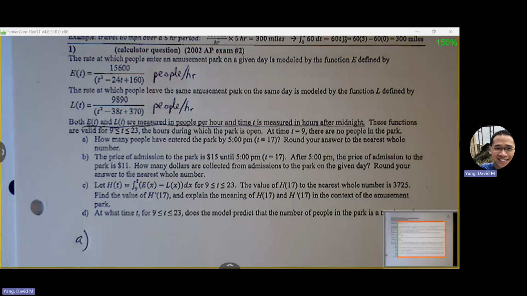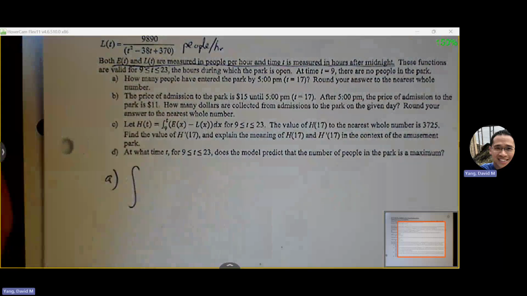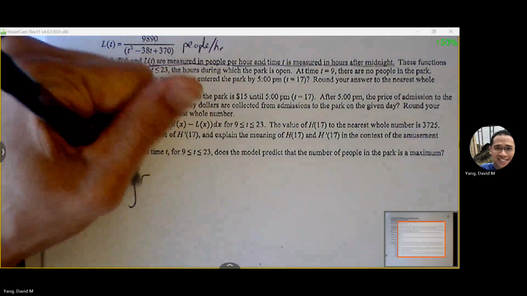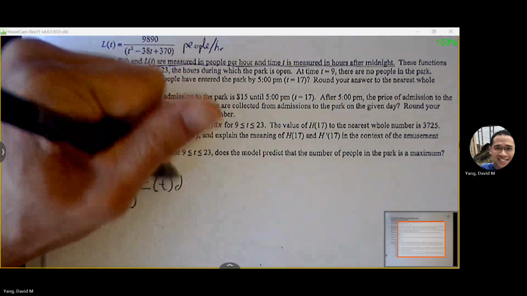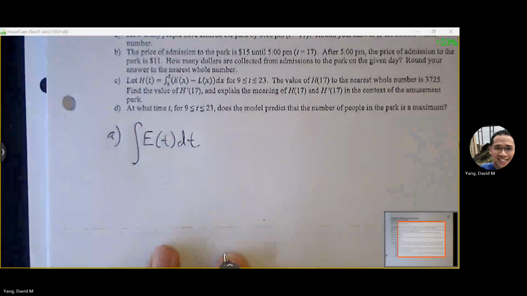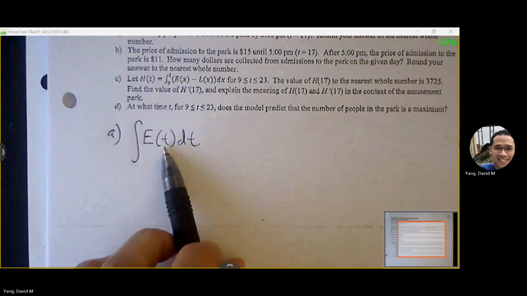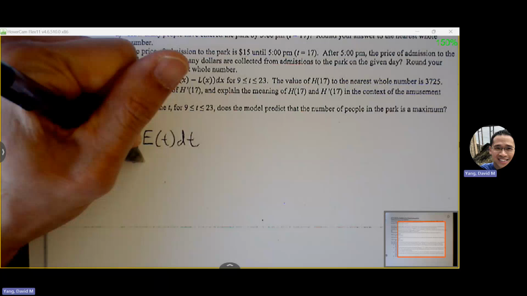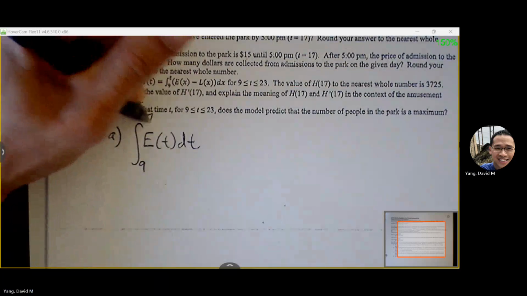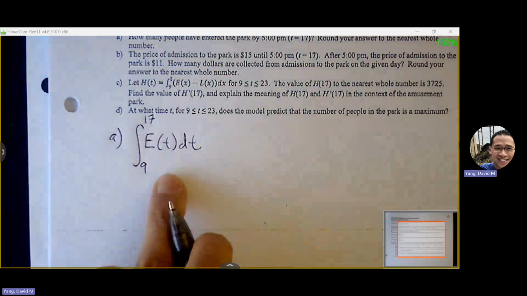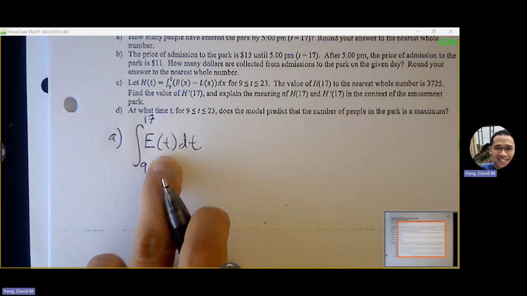What calculus feature allows us to get from a derivative up to the function? Antiderivative, right? Okay. So we just simply take the integral of E of t from 9 to 17. So we're going to just accumulate this rate.